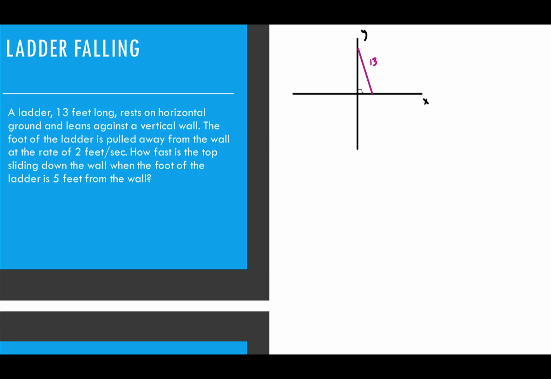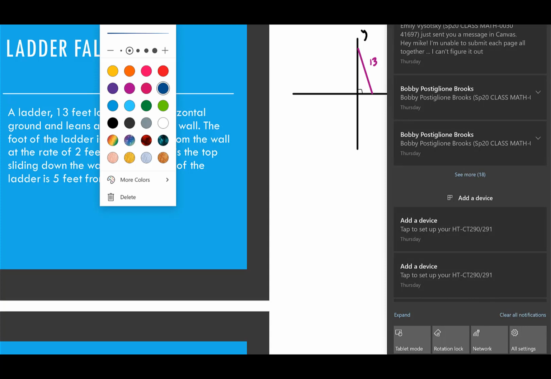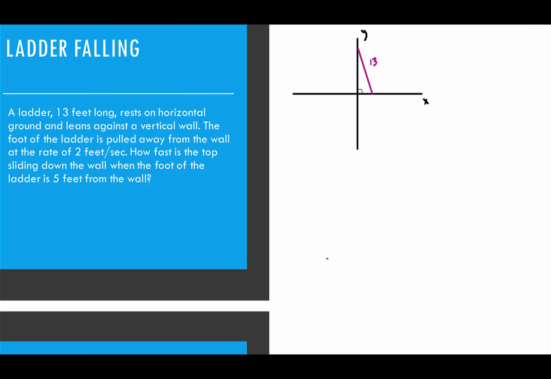The foot of the ladder, right? That's not the top, that's the bottom. The foot of the ladder is being pulled away from the wall at a rate of 2 feet per second. So we're saying that the foot is going to go at 2 feet per second.